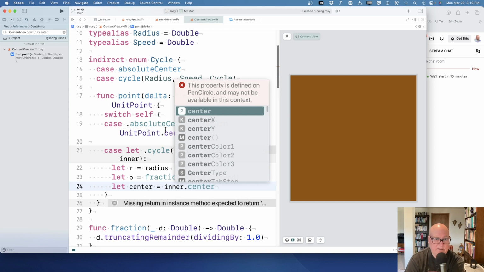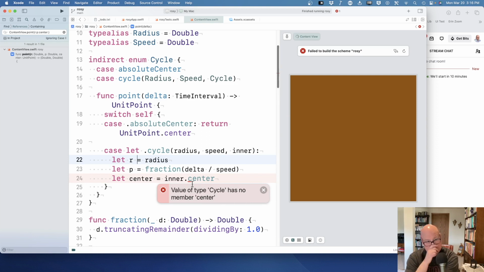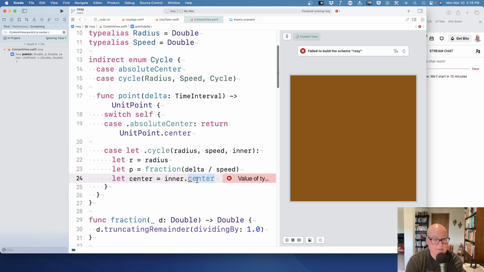Okay, I'm going to do this kind of as a parallel change. Inner dot point.